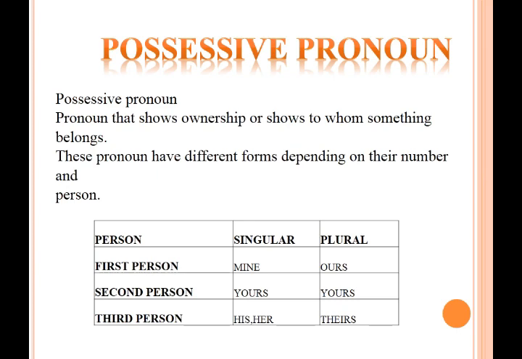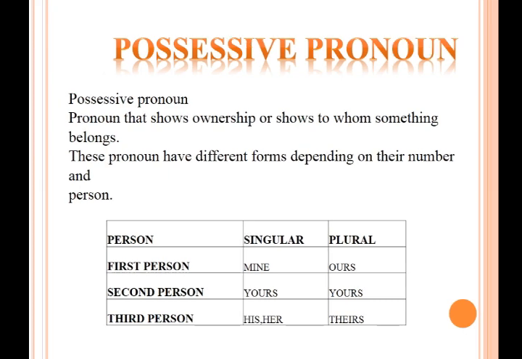Here, for the first person, in a singular form, the word mine is used, whereas in the plural form, we use ours. For second person, both in singular and plural form, we use yours. And for the third person, his and hers are used in a singular form and theirs is used in a plural form.